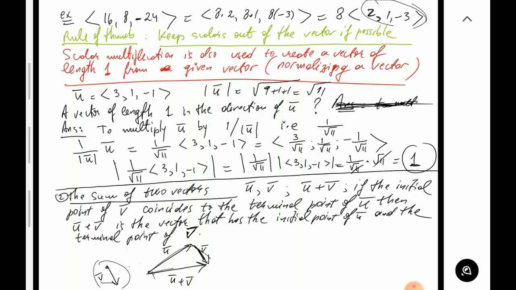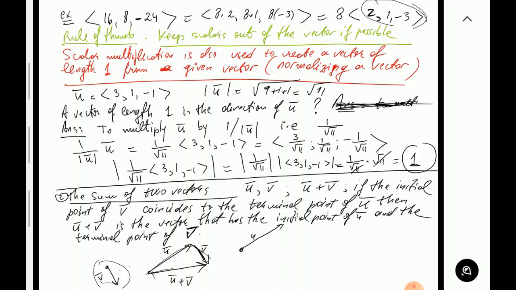In physics, you also talk about the resultant force, right? When you apply various forces to an object, the sum of them is the overall effect of these forces on this object.